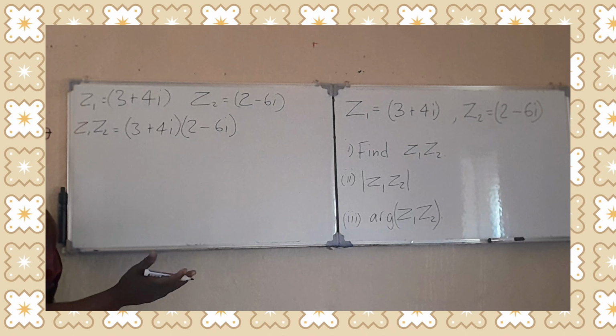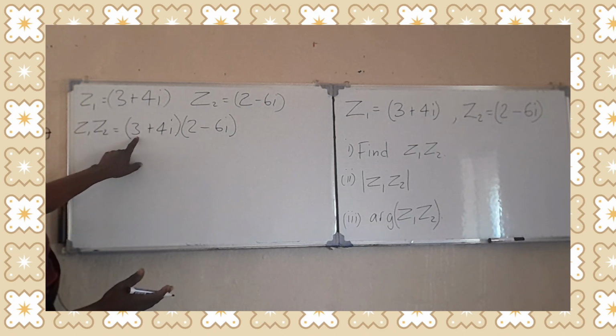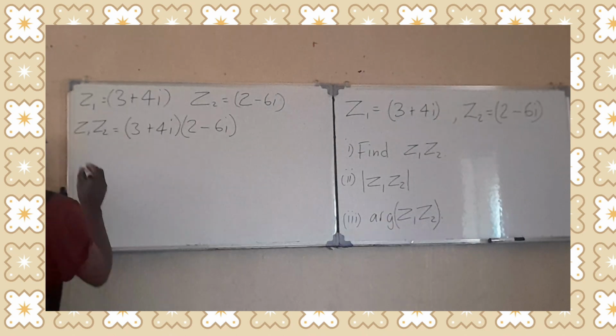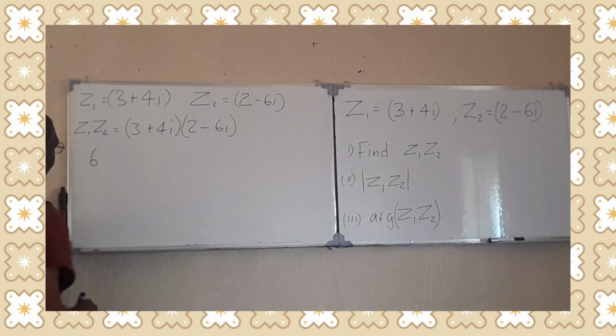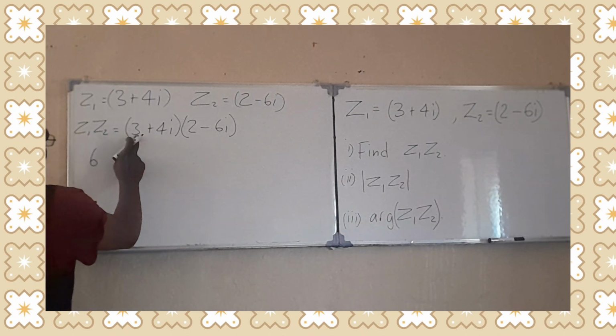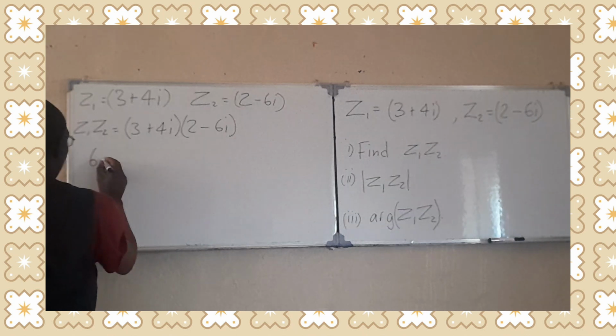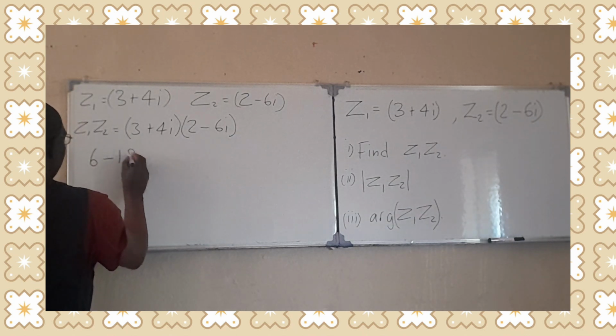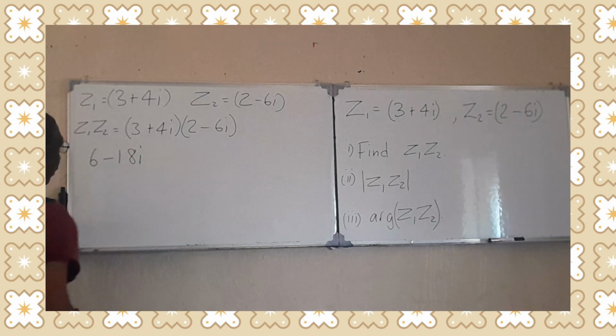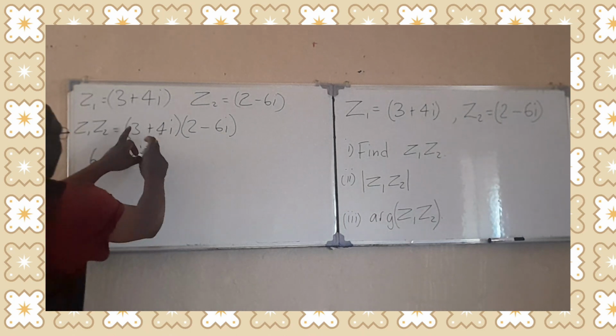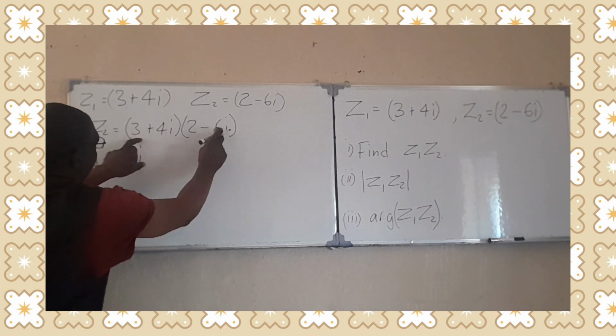Just like we do with algebraic expressions, we multiply 3 by 2 to get a 6. And then 3 multiplied by minus 6i is equal to minus 18i. Okay, so we are done with this and that.